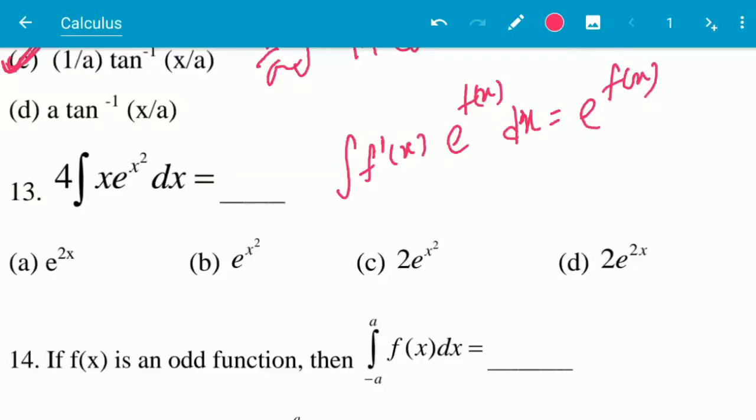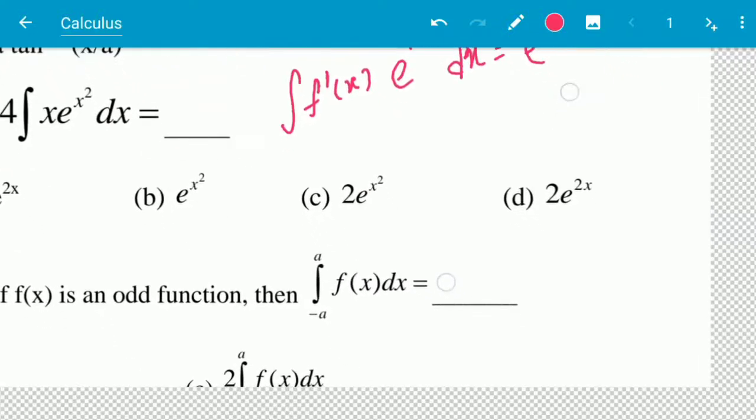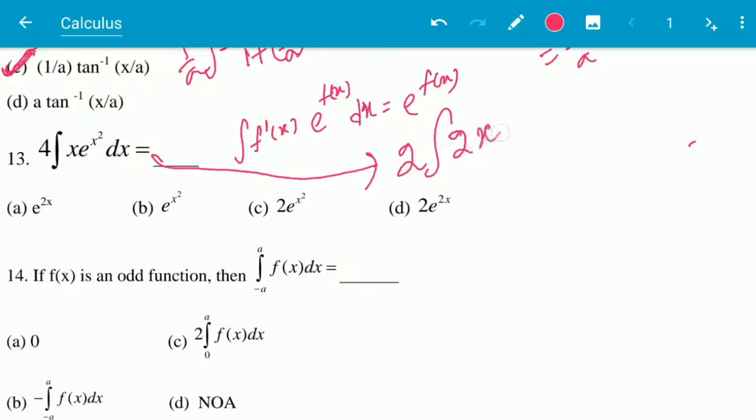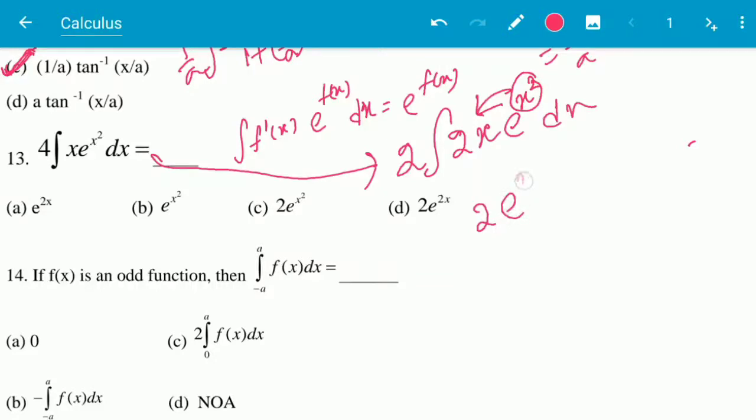So here this is 4 and we can write this as 2 into 2x e to the power x square dx. The derivative of x square is 2x, so this can be directly written as 2 into e to the power of the function of x, that is x square. So this will be 2 into e to the power x square, that is option number C.